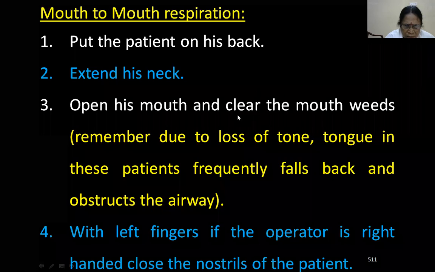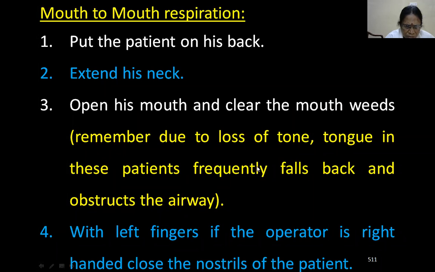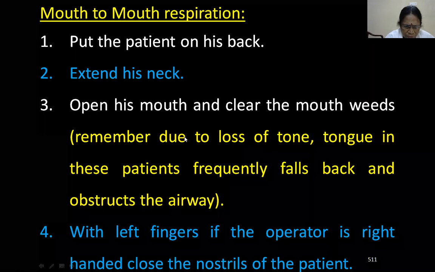See that the mouth is clear without any beads or anything, and see the position of the tongue, whether it is falling back and obstructing the airway or not. You have to observe all these things. Before immediately doing mouth-to-mouth breathing, these are the precautions you have to take.